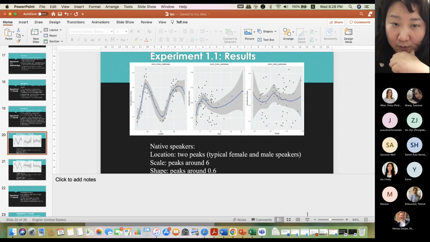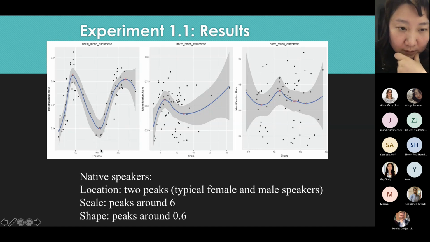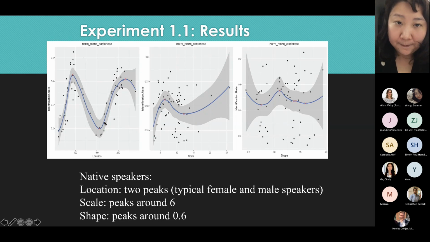When you think about it, if these parameters do not matter at all, then we would expect the identification curve to be a horizontal line, right? Because however you change these values, the identification rate won't change. That means the location parameter will not really contribute to tone identification.